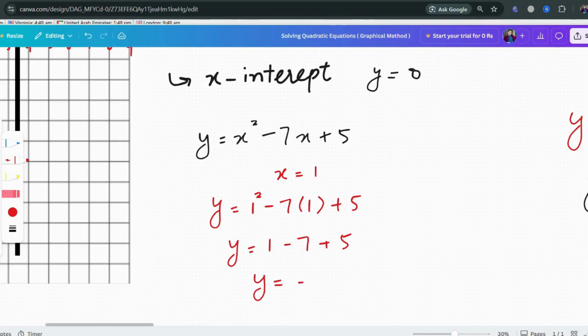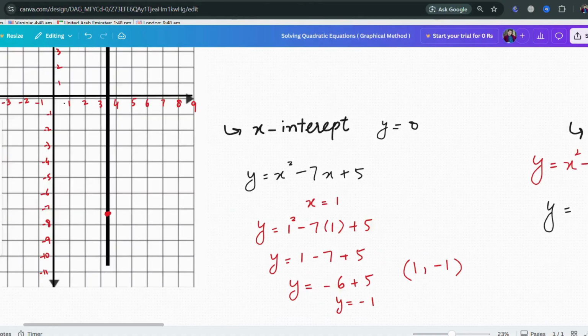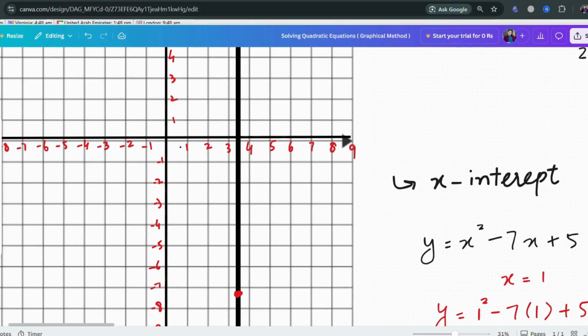By this way, I will get y equals minus 6 plus 5, and y is equivalent to minus 1. So the point is x is 1 and y is negative 1, so it should be this point somewhere, right?